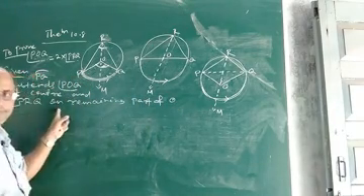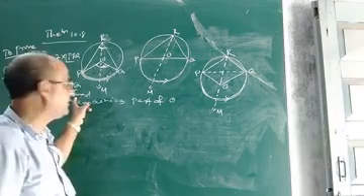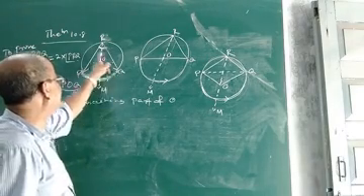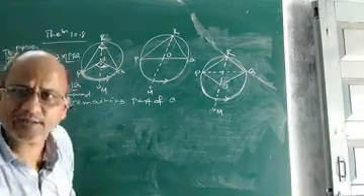This is what we are given, and we have to prove that this angle is double this angle, or twice. Let us see how to prove.